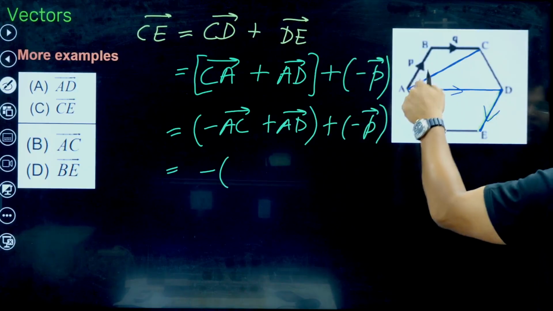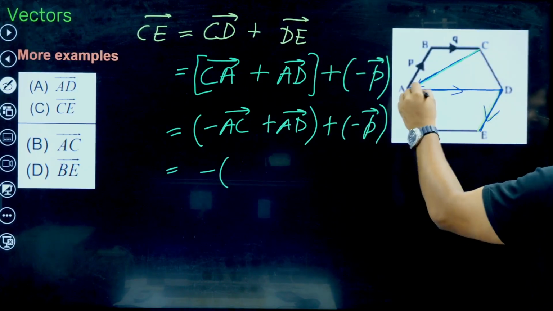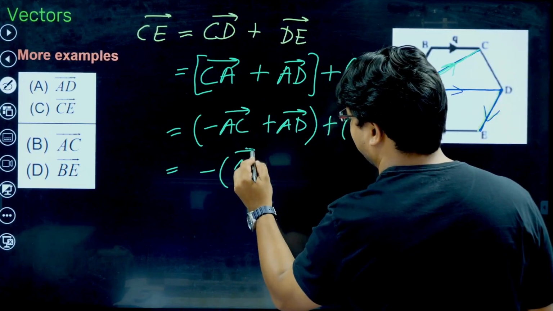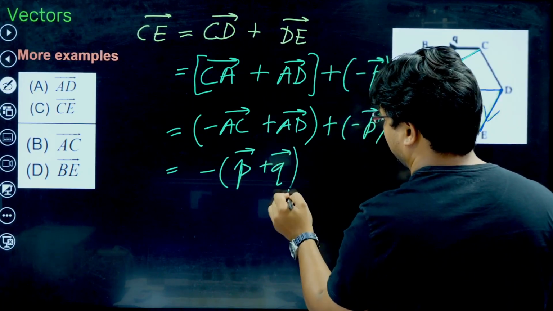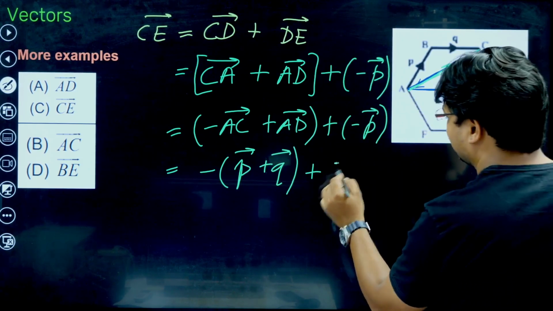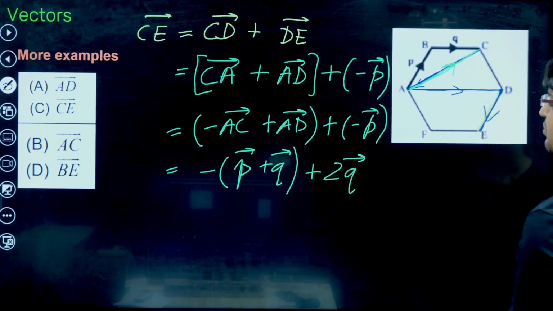Now AC vector is P plus Q. Then AD vector, we just wrote as 2q minus p in the previous part.